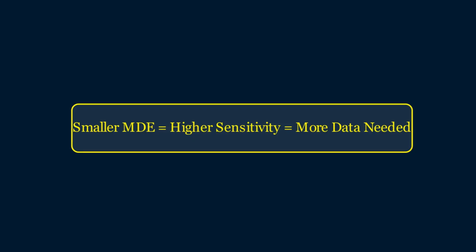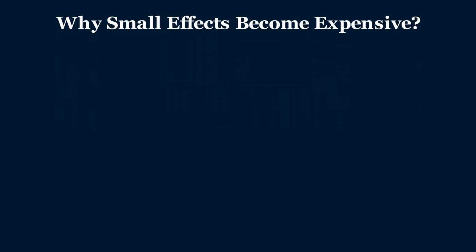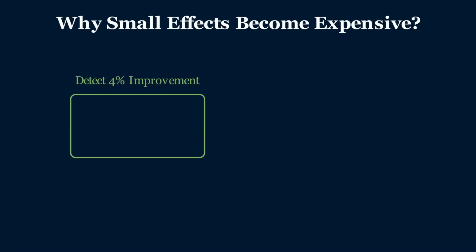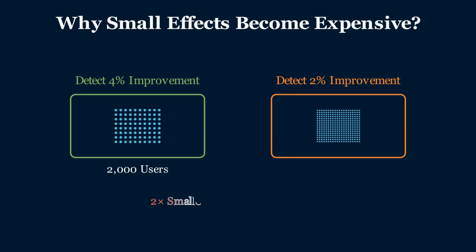And this leads to one of the most surprising truths in statistics. Tiny improvements are statistically very difficult to detect. And this creates one of the most important trade-offs in experimentation. Suppose detecting a 4% improvement requires 2000 users. Now, suppose you want to detect a 2% improvement. Most beginners assume maybe we only need double the data.